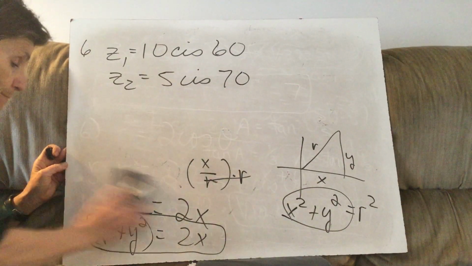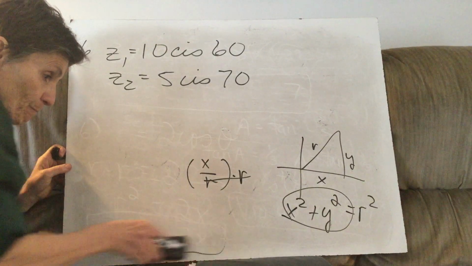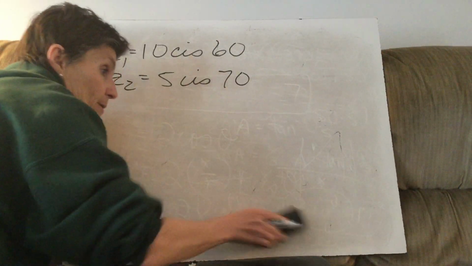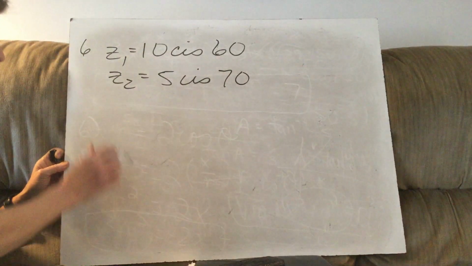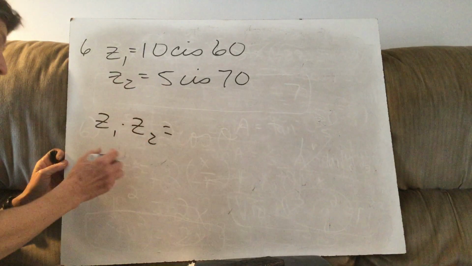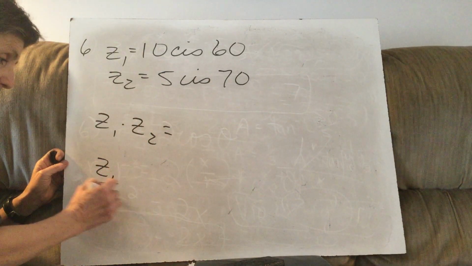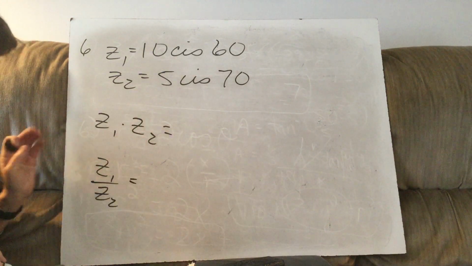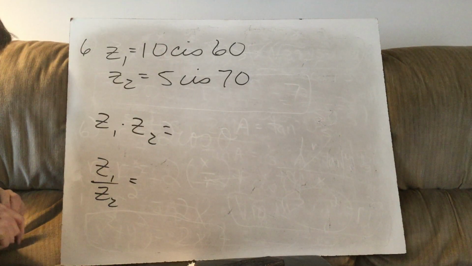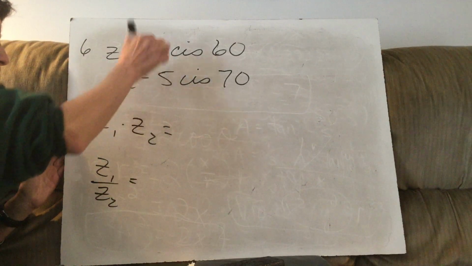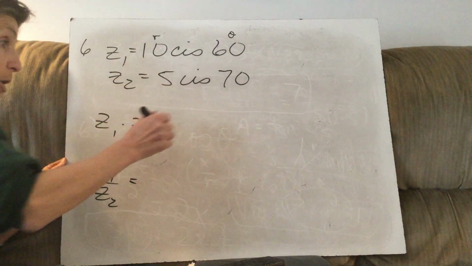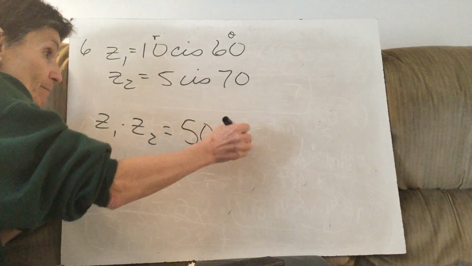All right, we're ready for number 6 now. This is the problem where we're going to take our two numbers that are in trigonometric or polar form, and we are going to multiply them and divide them. When we multiply them, we're going to multiply the r's. Remember, these are the r's, these are the thetas. We multiply the r's, so we get 50.